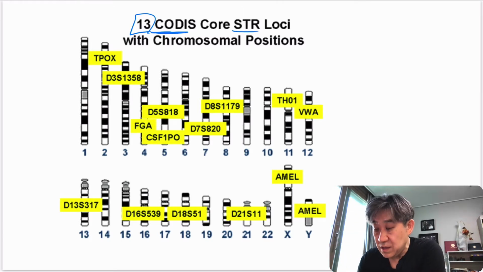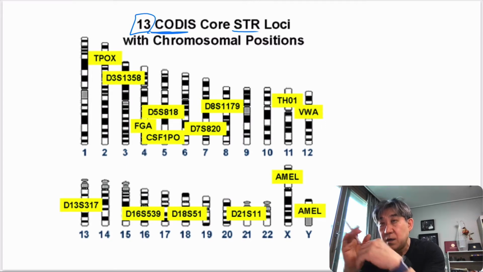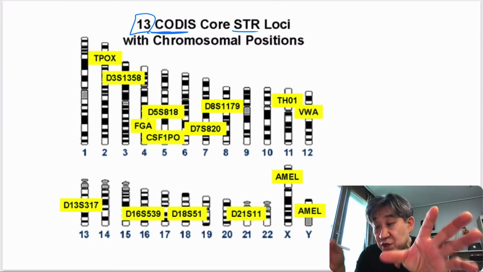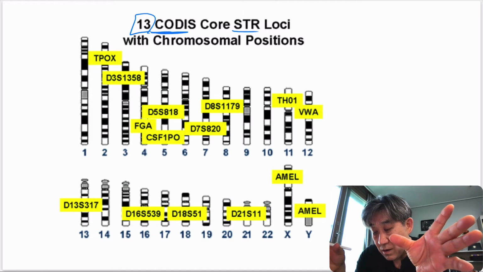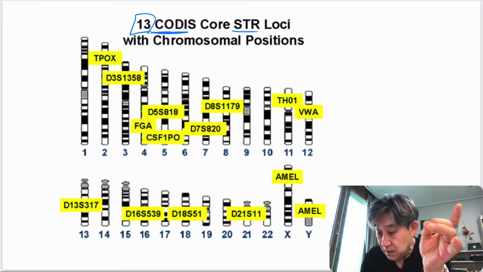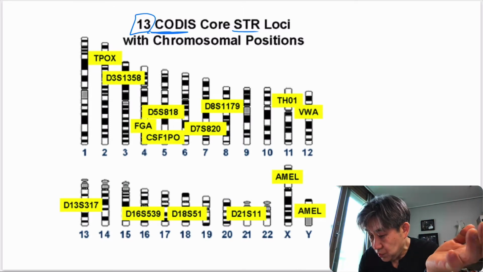They have already prepared 13 specific sets of such specific DNA sequence elements, all together combined can generate a unique pattern of an individual, like in the chromosome number 2, 3, and number 4 you have, and number 5 you have 2 different loci, something like that.